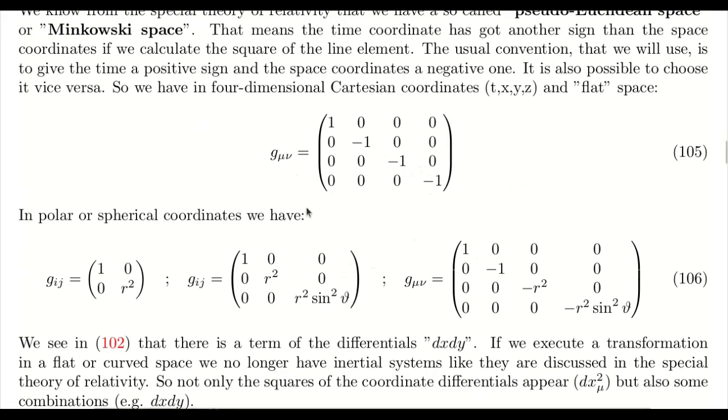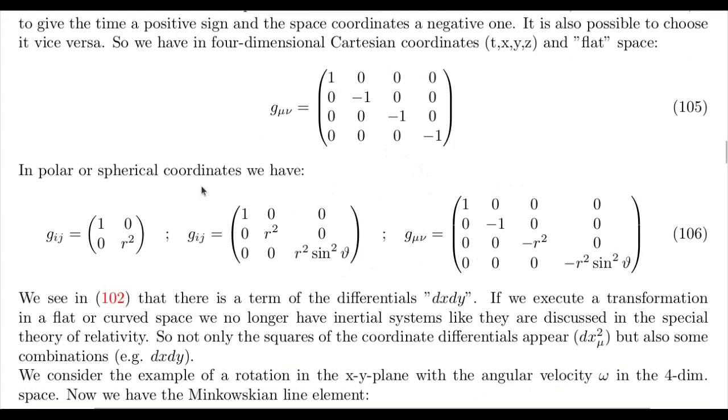In polar or spherical coordinates, we would have the following metric tensors. In the two-dimensional space, we have 1 and r squared. In three-dimensional space, what we have derived before, that is 1, r squared, r squared sine squared theta.